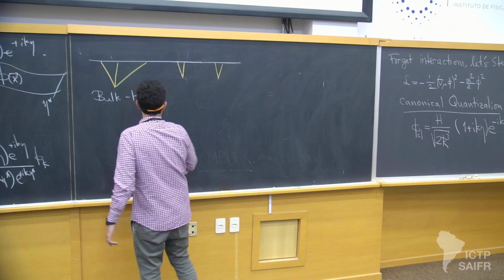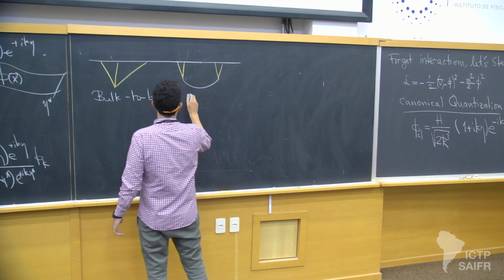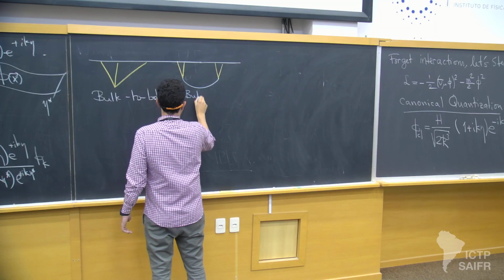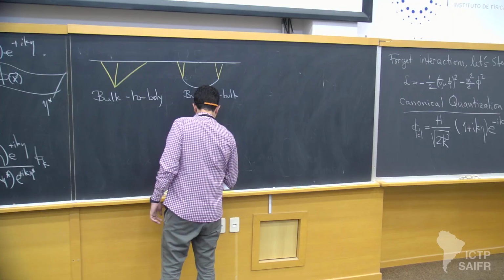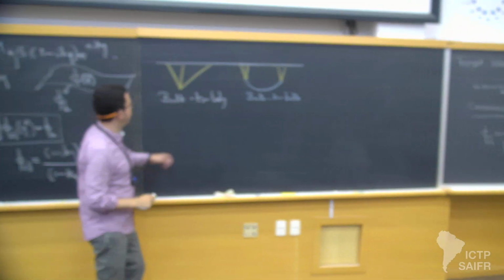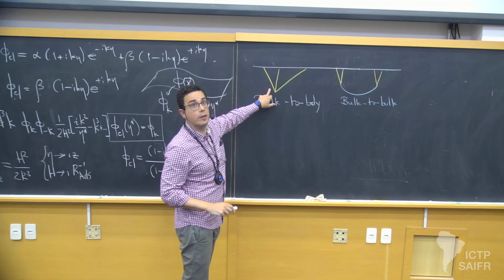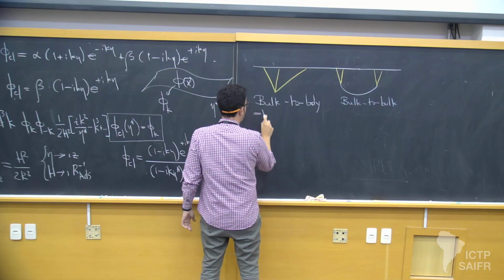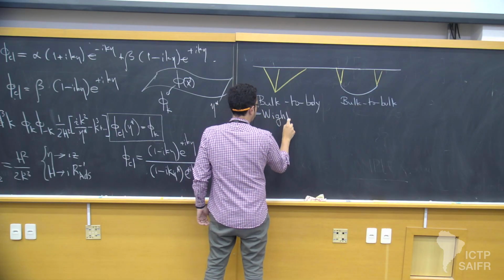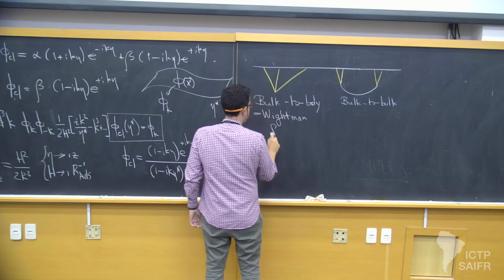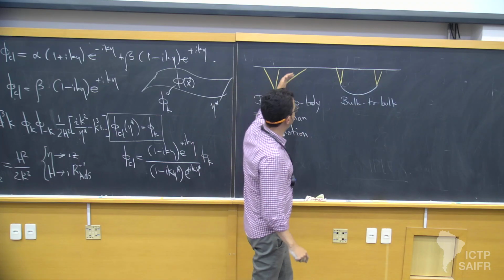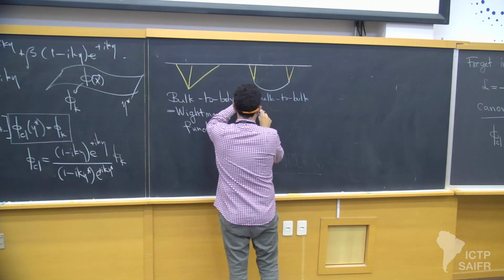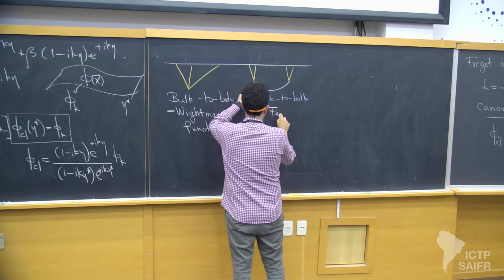But here you have the bulk-to-bulk propagator. So this is not the Feynman propagator. This is very much like the Wightman function. It's essentially the Wightman function, because the time ordering is manifest. This is not the Feynman propagator.